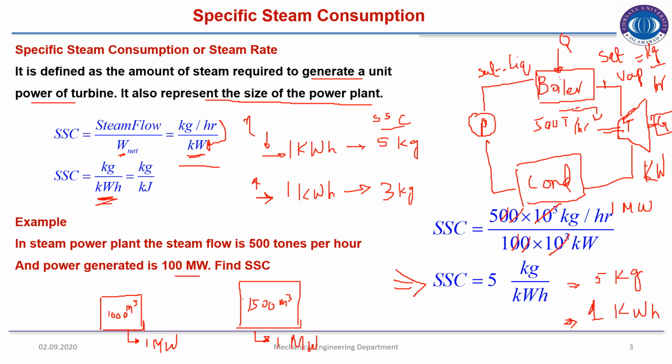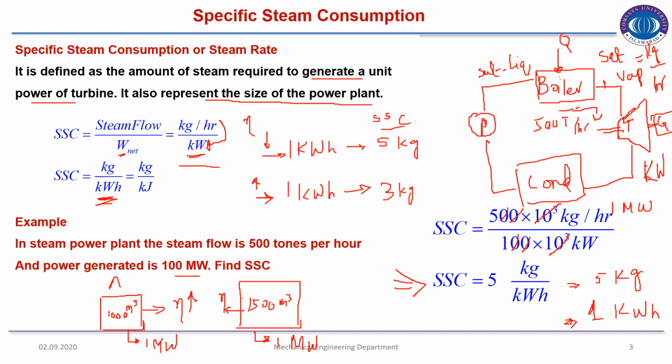So in the 1000 meter cube size, the power plant is producing 1 megawatt, and here the larger power plant is producing the same 1 megawatt. So it means its efficiency is greater than the second power plant's efficiency.